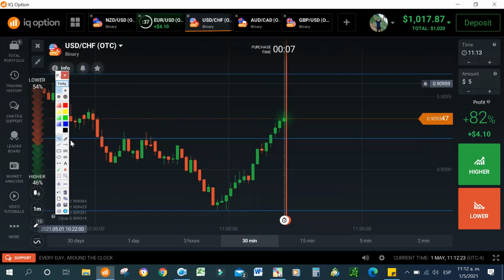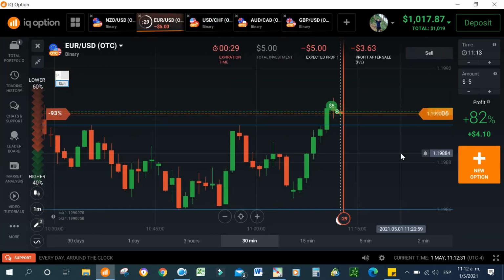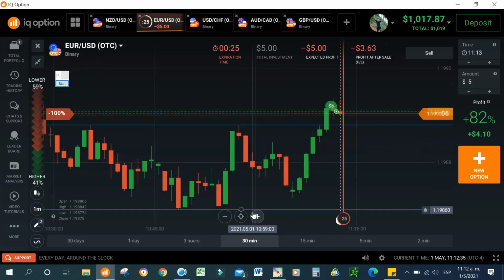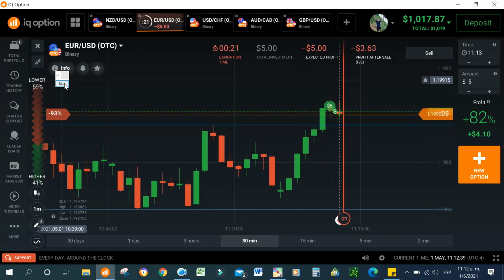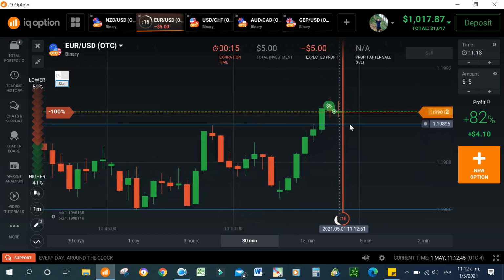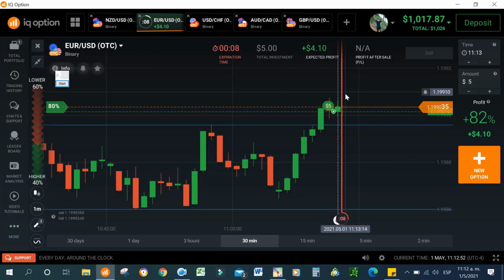We could make several entries. This one too. Let me see if I have time to go up again. No, it's okay. If I lose this trade, I can wait for another entry close to this line, the blue line, because the blue line serves as a support in this case.